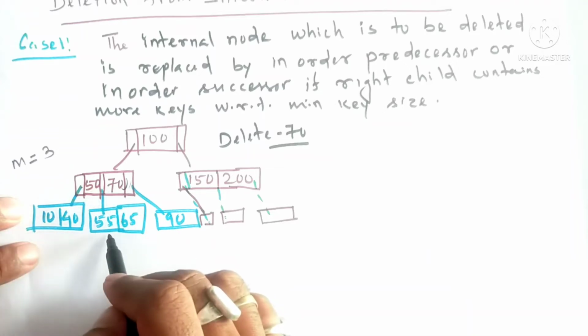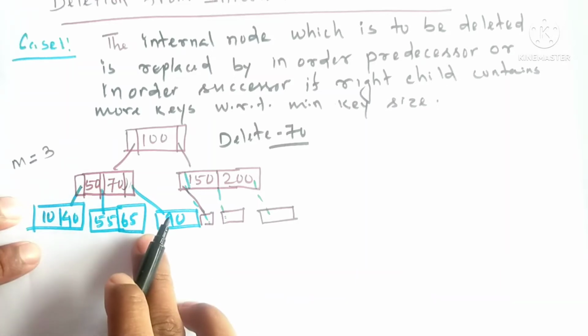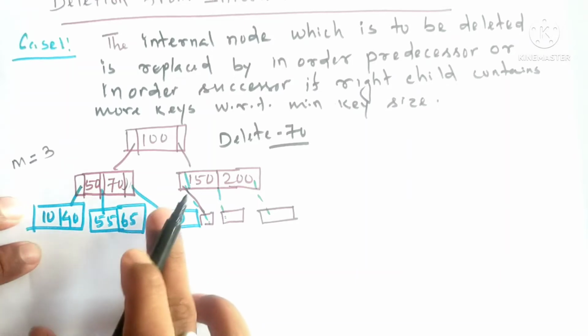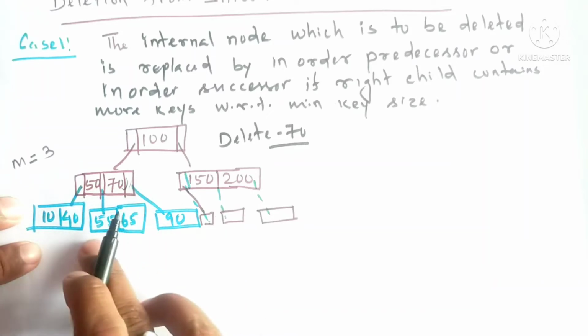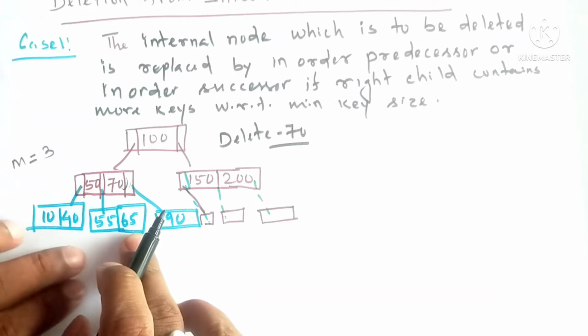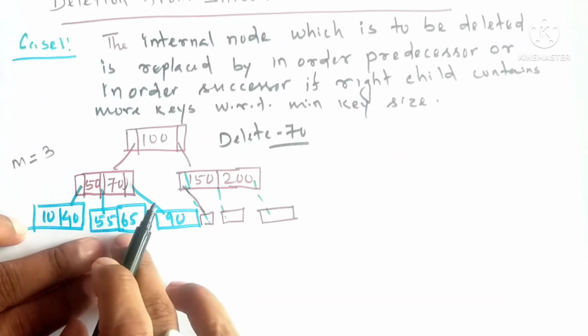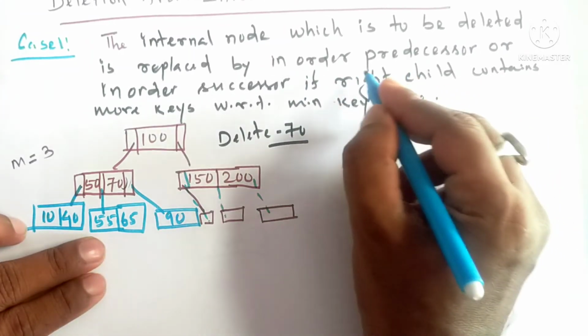The inorder predecessor means the left child. 70's left child is 55 and 65, which contains two keys, and the right child of 70 contains one key. So your left child node contains more than the minimum keys, so I will take the help of the inorder predecessor here.